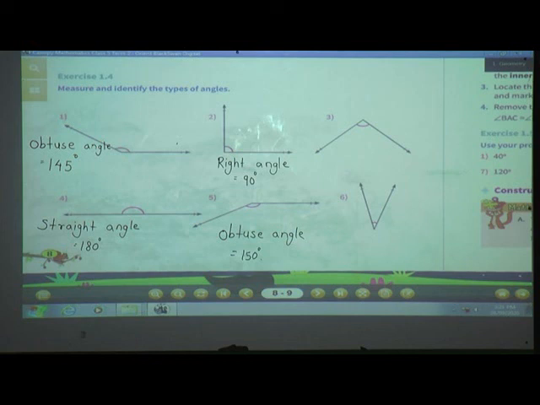What are perpendicular lines? See, these are the set squares. You can find them in your geometry box. See, this is the protractor. So students, in the next period we will study how to draw an angle with the use of the protractor.